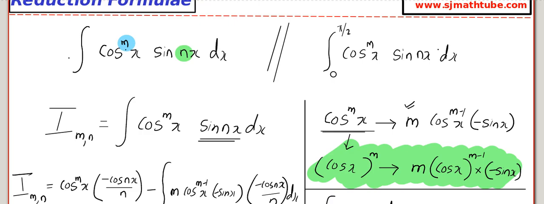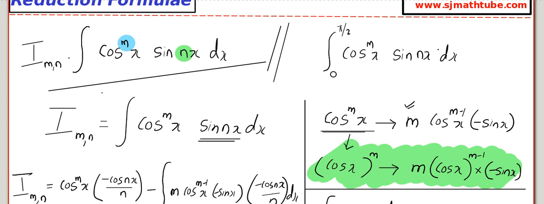How did you name the given integral? The given integral was given the name I m comma n. Now I told you long back, this is the 5th lesson in reduction formula.